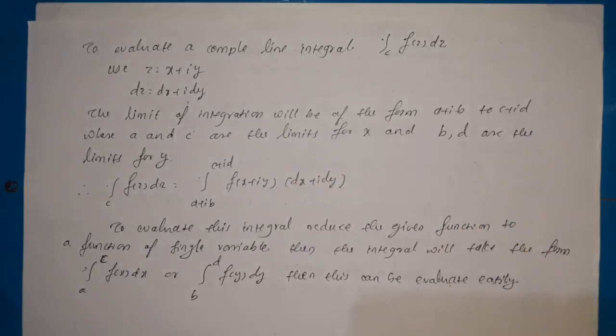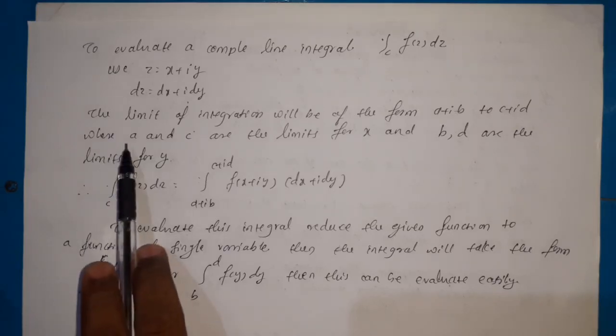Since it is a function of a complex variable which is of the form x plus iy, the limits of integration will be of the form a plus ib to c plus id, where a is the real and b is the imaginary part in the lower limit, and similarly c is the real and d is the imaginary part in the upper limit.